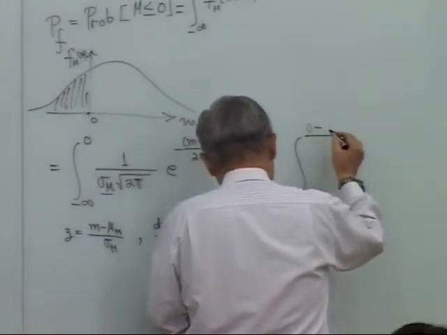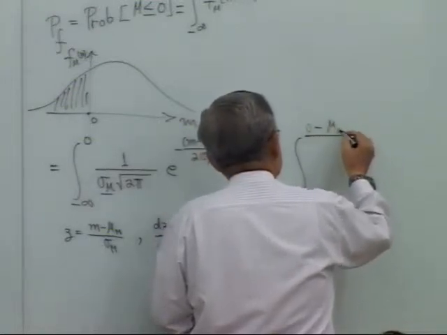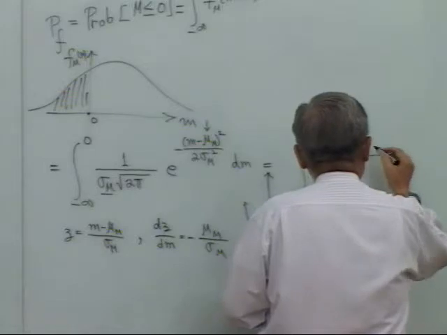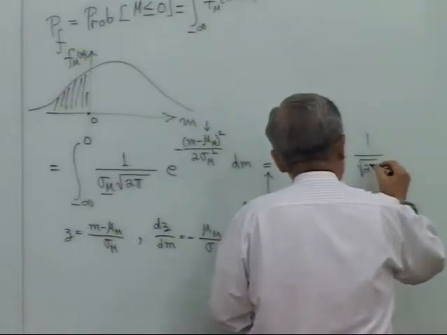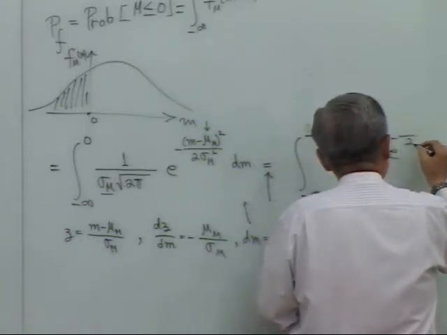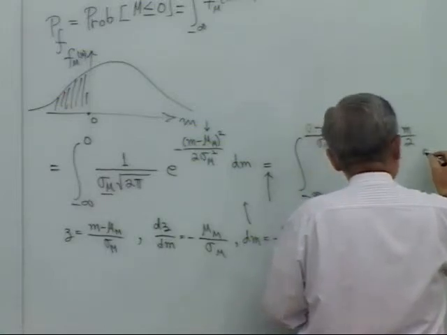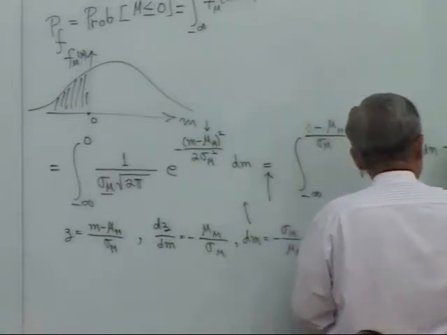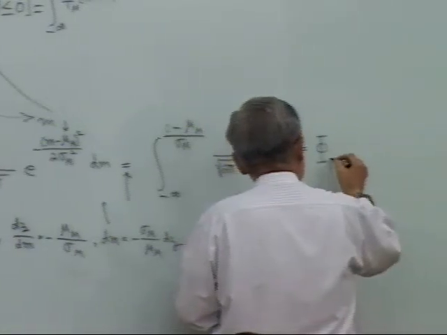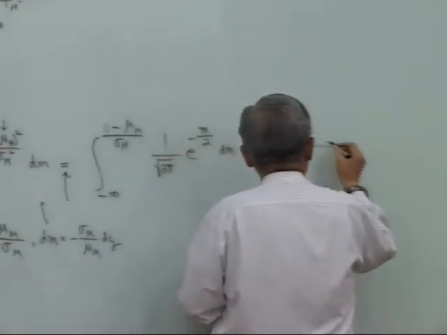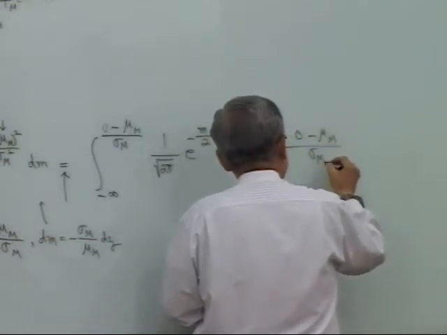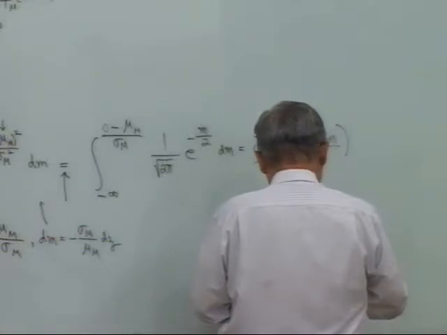If I write this with the upper limit minus mu_M over sigma_M and 1 over square root of 2 pi, e to the minus z squared over 2, dz, then I can rewrite this as the standard normal distribution function evaluated at minus mu_M over sigma_M.